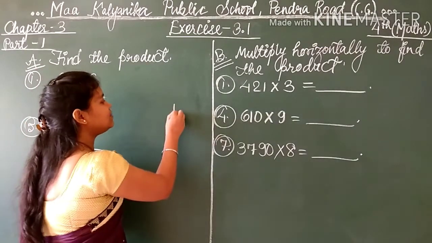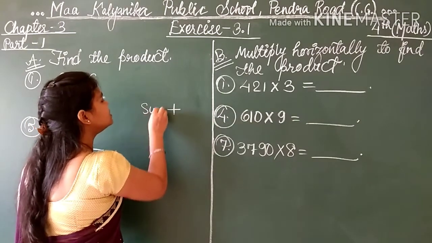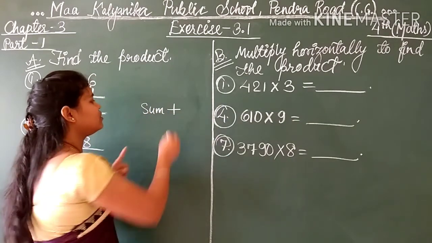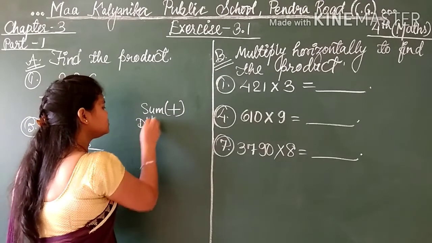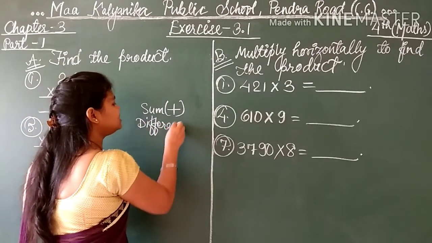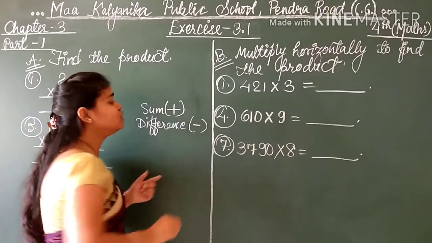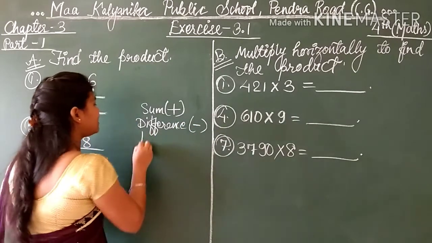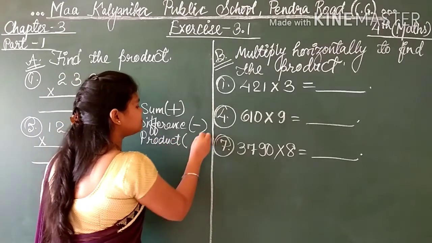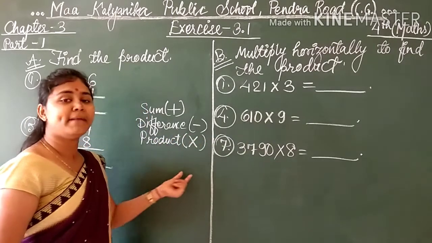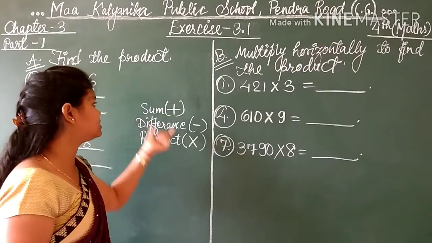Okay, if find the sum is given, sum means you have to add. Remember, if find the difference is given, it means students you have to subtract the numbers. If the question is find the product, it means you have to multiply the given numbers.